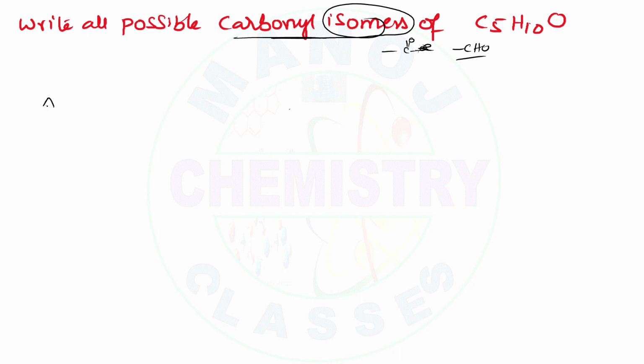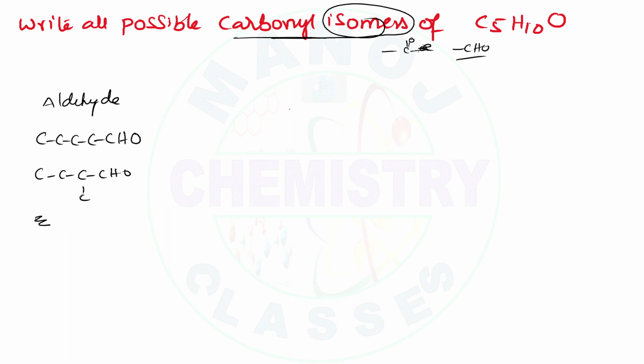So first I would like to write aldehyde groups. So here for this example I can write 1 2 3 4 5 C5 chain, 1 2 3 4 5 CHO. This is one aldehyde group. Another aldehyde isomer I can write as 1 2, yeah, let me write here 1 2 3 CHO.